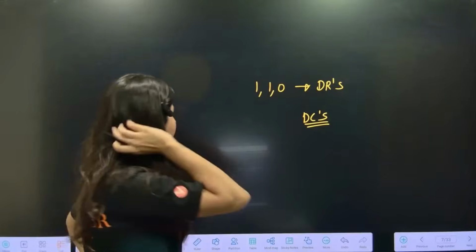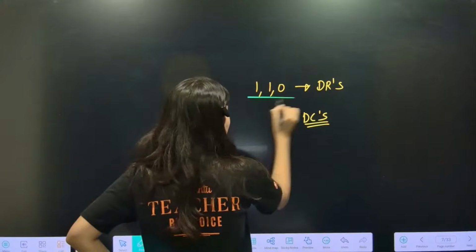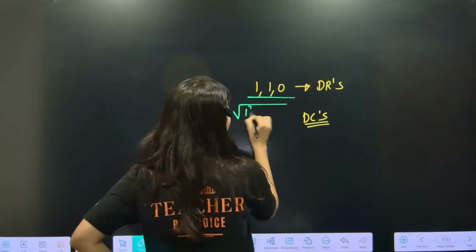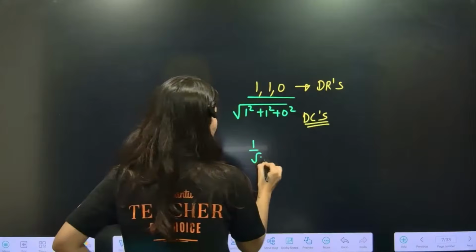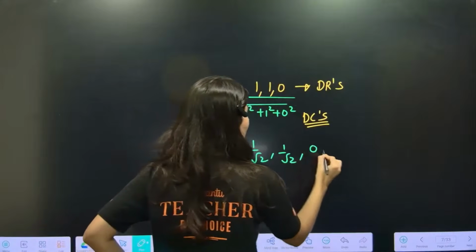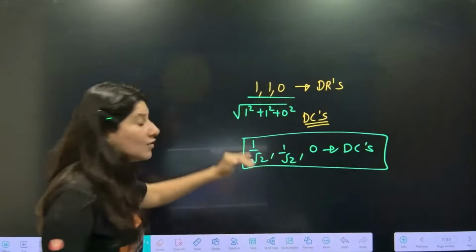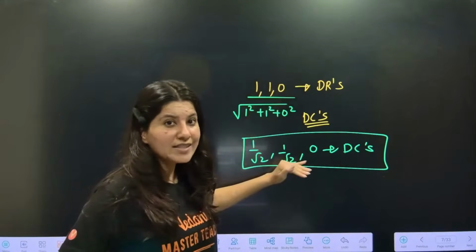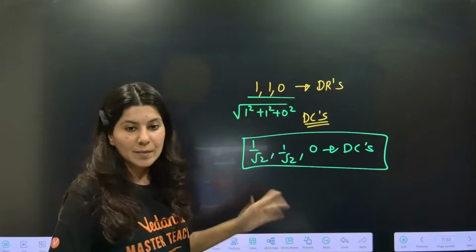So what I am going to do is divide by the square root of 1 square plus 1 square plus 0 square. So it will be 1 by root 2, comma 1 by root 2, comma 0. This will be your DCs. So how to go from DR to DC? Just divide by the square root of a square plus b square plus c square. That's it. Done and dusted.